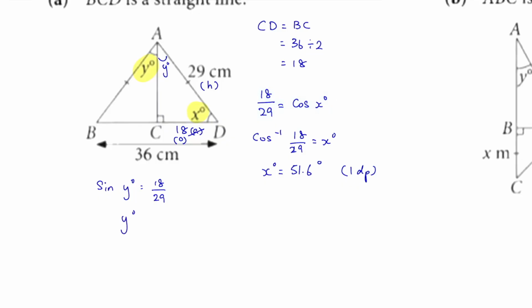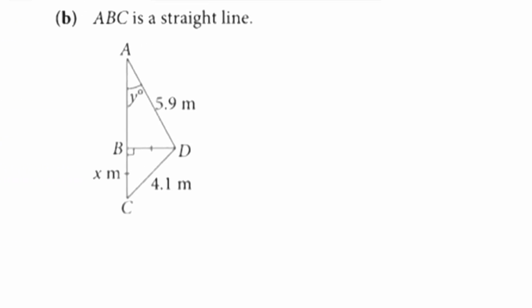Then y degrees equals sine inverse 18 over 29 equals 38.4 degrees, 1 dp. So this is the answer for part A only.